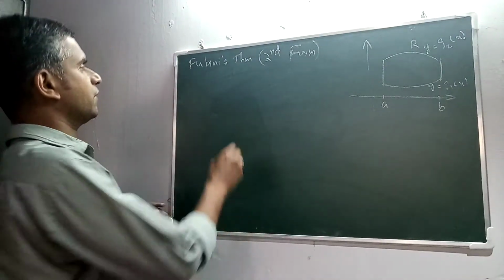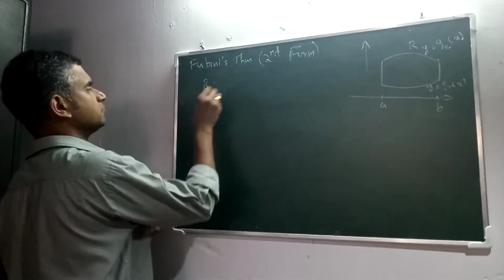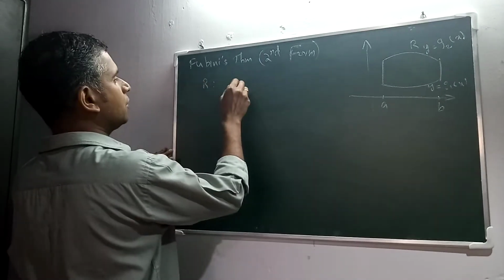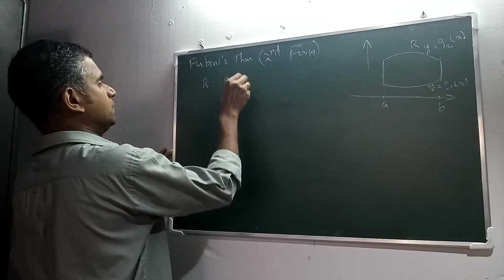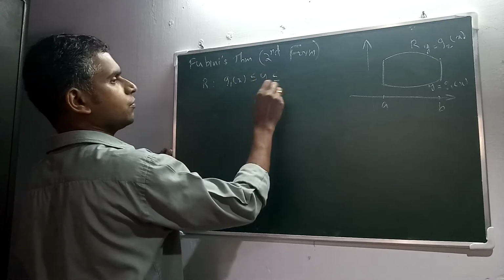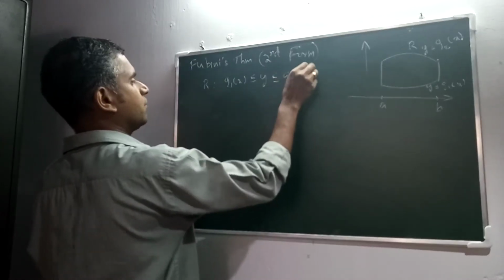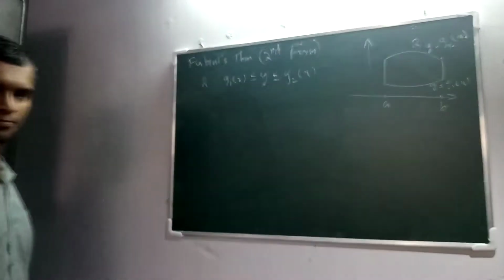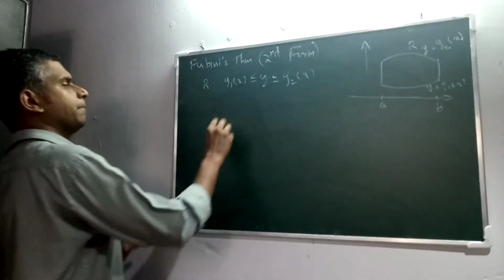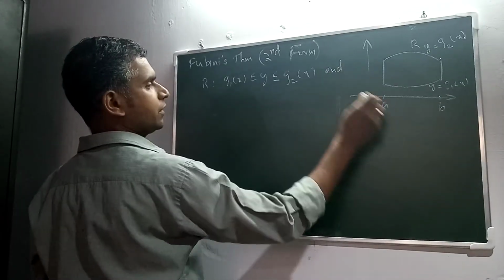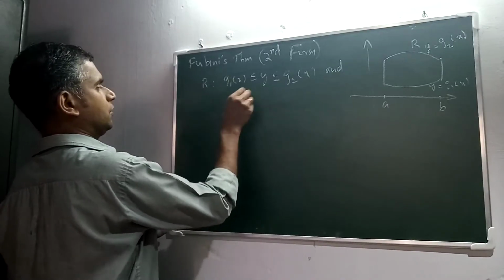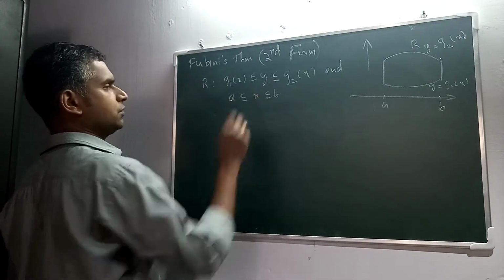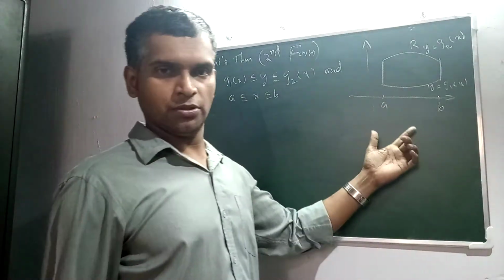So R is defined by g1 of x less than or equal to y less than or equal to g2 of x, where both g1 and g2 are continuous, and x varies from a to b, a less than or equal to x less than or equal to b. This is one region under consideration.